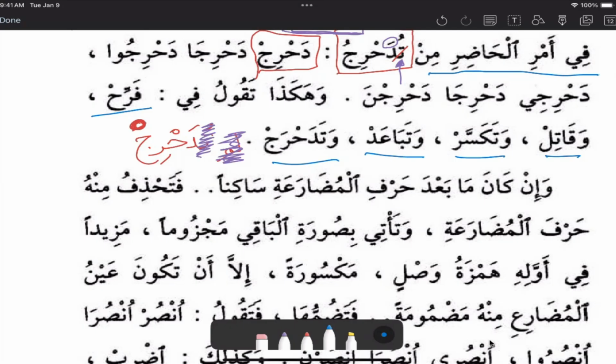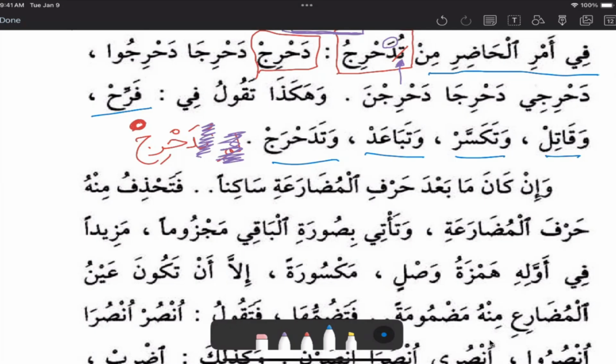And you will still bring the rest of the verb, with the appearance of being مجزوم. مزيدا في أوله همزة وصل, but adding to its beginning a hamzatul wasl, which is a conjured vowel. You're conjuring up a vowel here. Maksuratan, and it's going to be kasra, that vowel that you are conjuring.